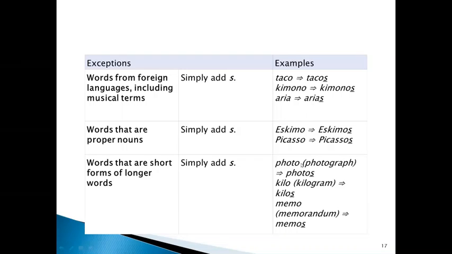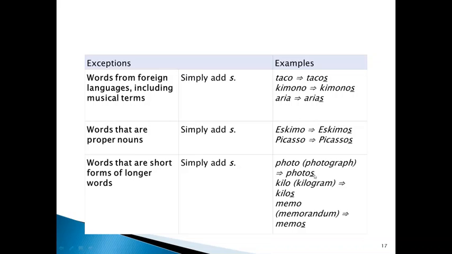So photo ends in T plus O. We will not add ES to it despite the consonant plus O. Photo is a short form of photograph. Photograph is the correct or complete word, and this is a short form of it. We'll say photos.